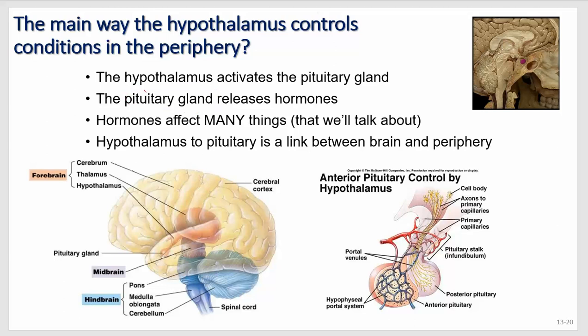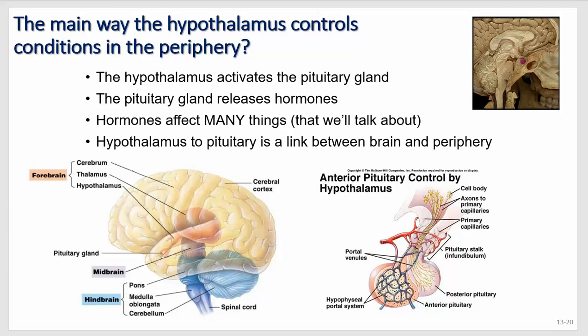Those hormones are then released into the blood, and they'll have an effect on whatever organ system or functionality needs it. So hormones affect many things that we'll talk about, and that hypothalamic-pituitary axis is a link between the brain and the periphery.